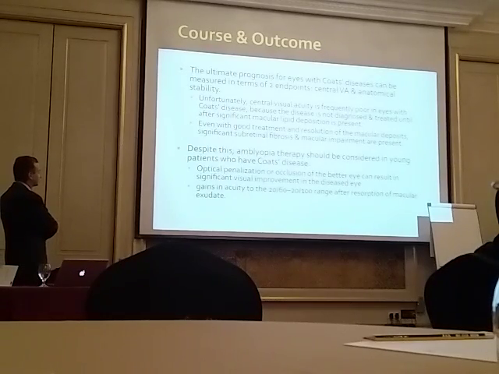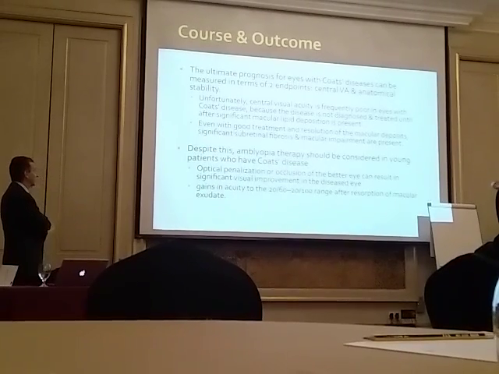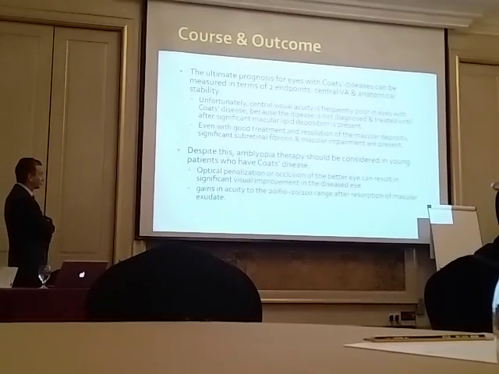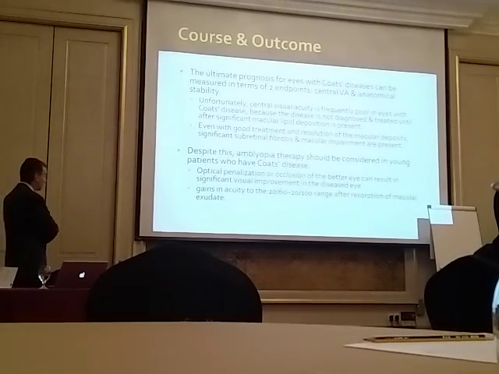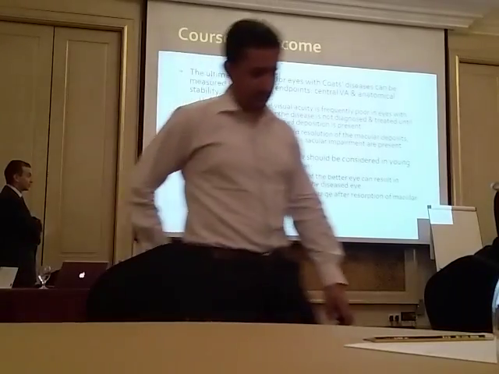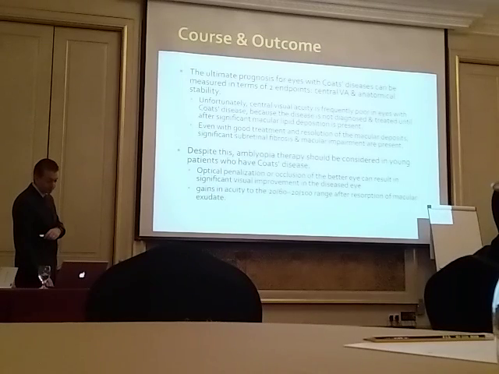Even with good treatment, there might be resolution of macular deposits with significant subretinal fibrosis and macular impairment. Despite this, amblyopia should be considered in patients who have Coats disease, because it has been reported that gains in visual acuity can happen after the resolution of macular exudate. So this is when you start treating the amblyopia.